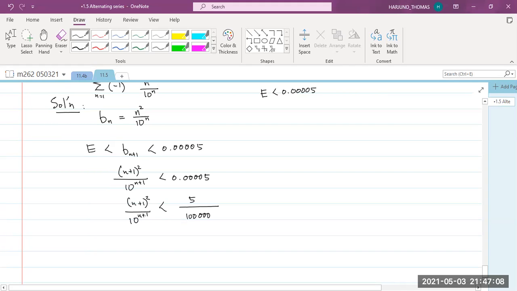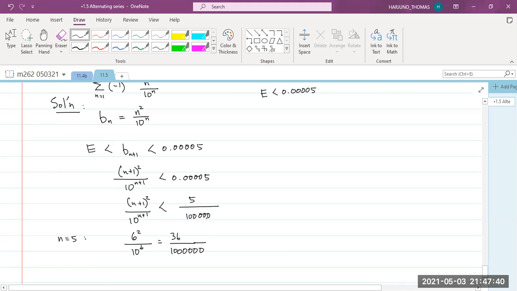So you see that we need at least 5 terms, right? For n equals 5, it is still not enough, trust me. It will be 6 squared over 10 to the 6, which is 36 over 1 million. Oh, it already works.